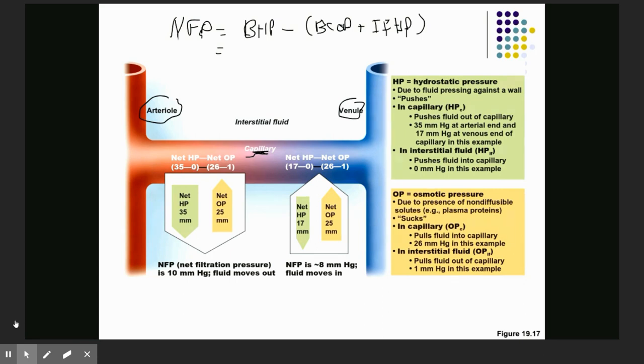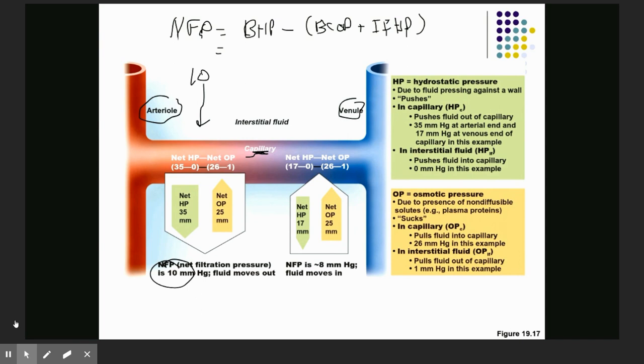So look, here we're going to do it on this end. Here are those. You don't have to calculate them. They did it for you. Here's the number right here. It's 10. So 10, is it greater than 0, equal to 0, or less than 0? Ten is greater than 0.